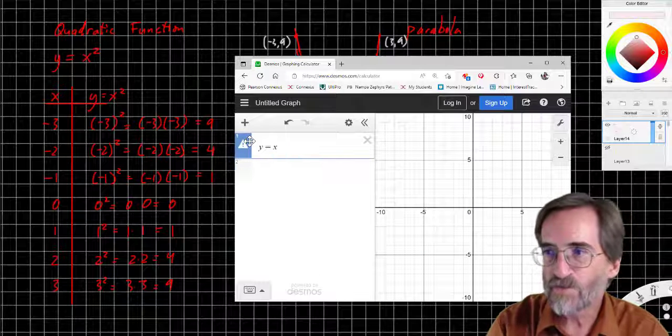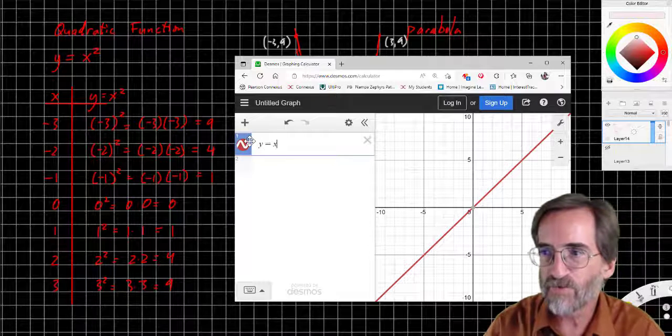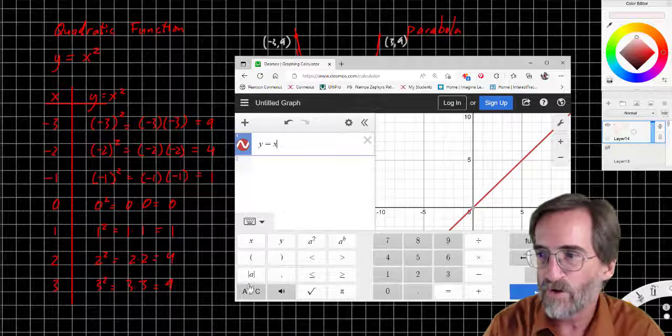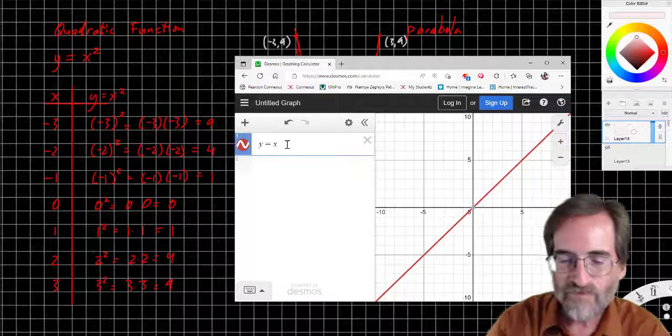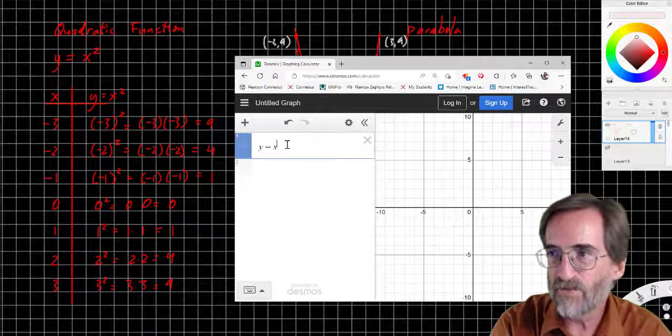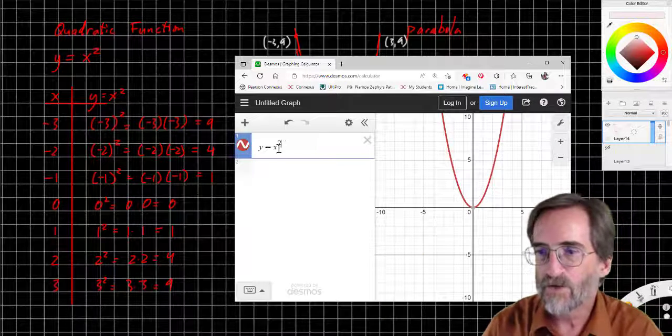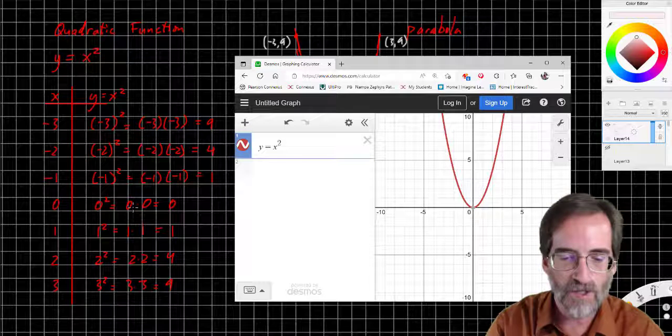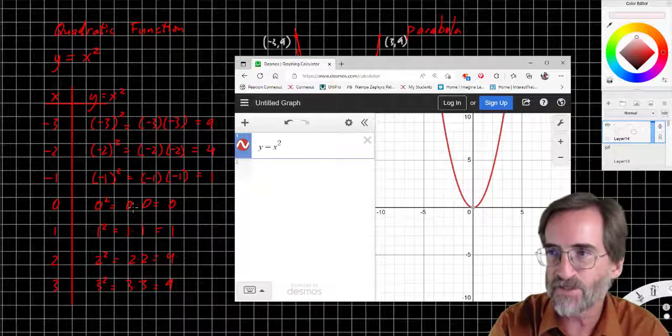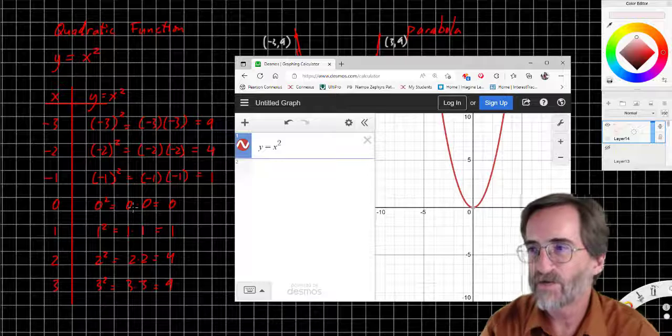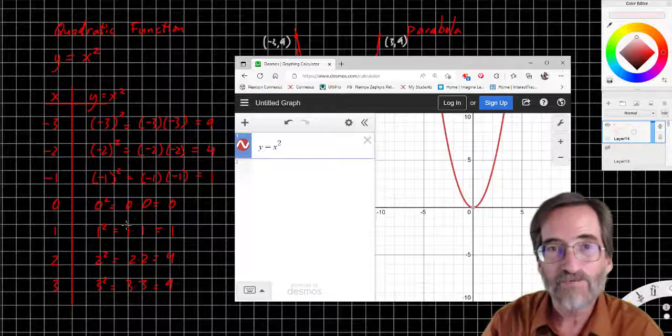Now to get a squared, there's a couple of ways. You can click on the keyboard and choose a squared. However, it's faster to type the caret key on your computer keyboard. That's the one above the 6, Shift 6, that looks like the roof of a house. That's the exponent button.